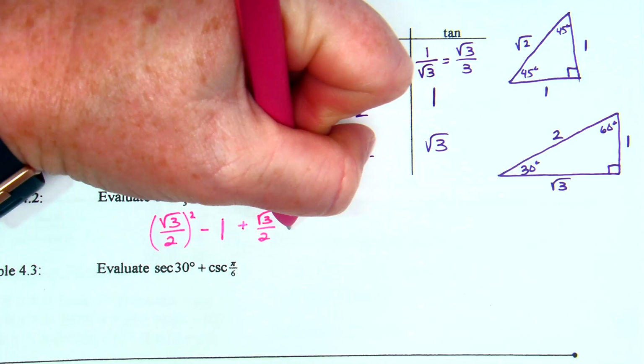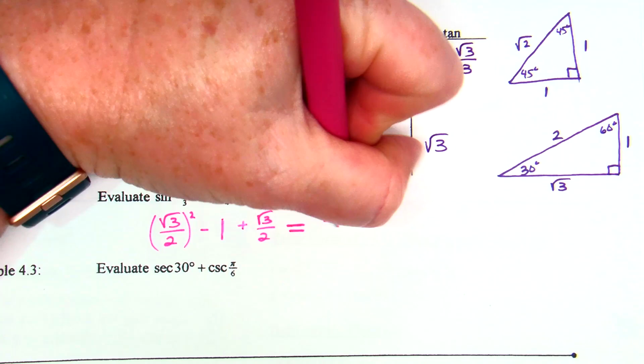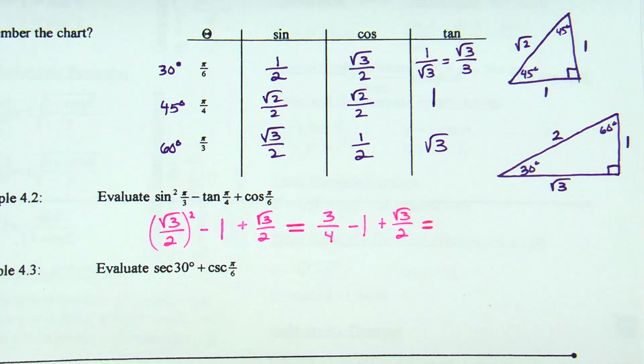How can I clean that up? Yeah. And there's two different ways we could express this answer. You could just worry about cleaning up like terms. What is 3/4 minus 1? So one way to write this answer is negative 1/4 plus square root of 3 over 2. Or, what if we did get that common denominator?